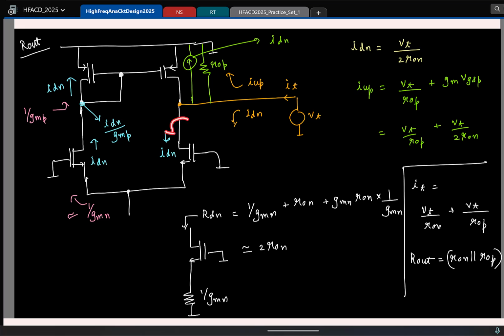In fact, looking down, the resistance was 2 times the R0 of the NMOS transistor. But luckily all the planets and the stars align in such a way that at the end of the day things work out to be a nice simple expression like this. It's a nice way to remember, but note that it is not as though looking down it is R0 N.